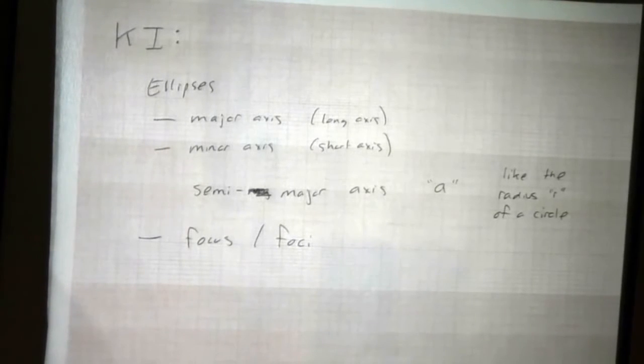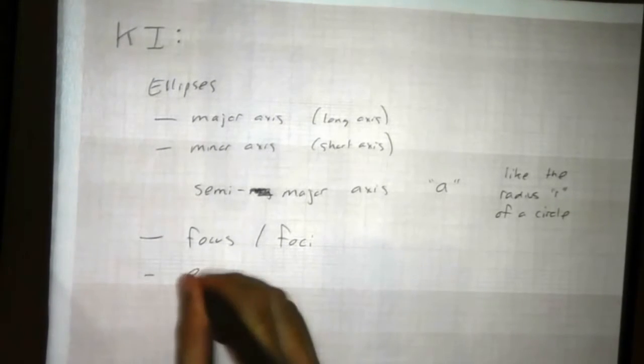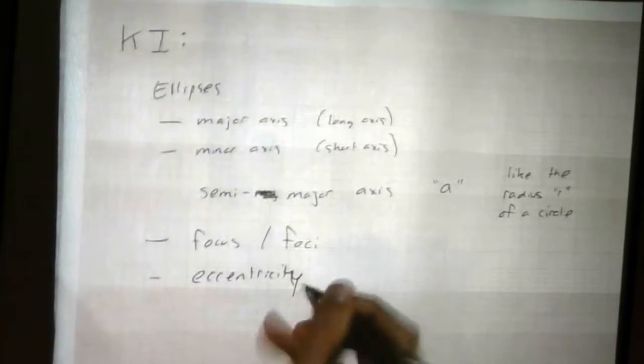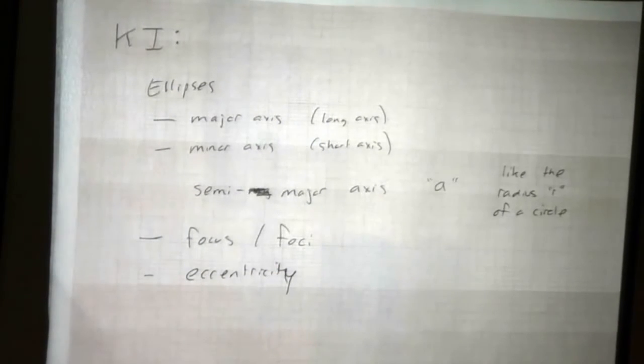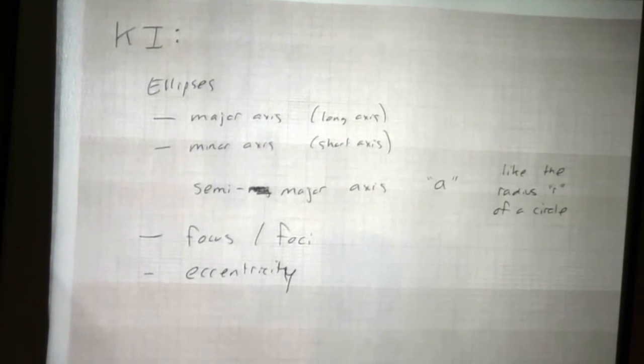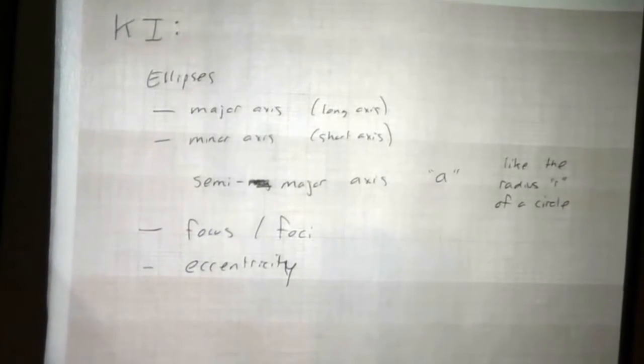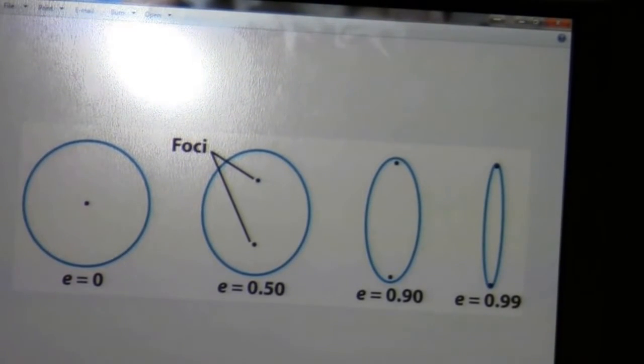Let's see, one other term, and that's eccentricity. A circle is a circle. But as we move those two foci farther and farther apart, our ellipse becomes more eccentric. So here's a diagram that shows that. So eccentricity 0 is when the two foci are on top of each other.